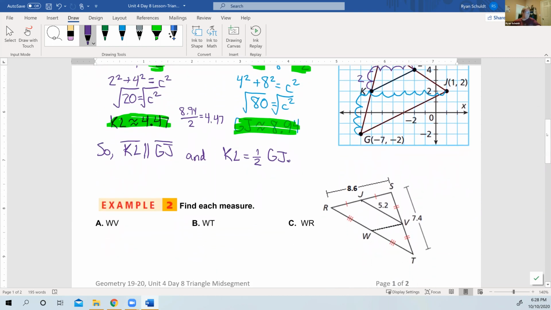Okay, next example. They ask us to find each measure. Well, A asks us about WV. WV, let's see. There's WV right there. What side is it parallel to?